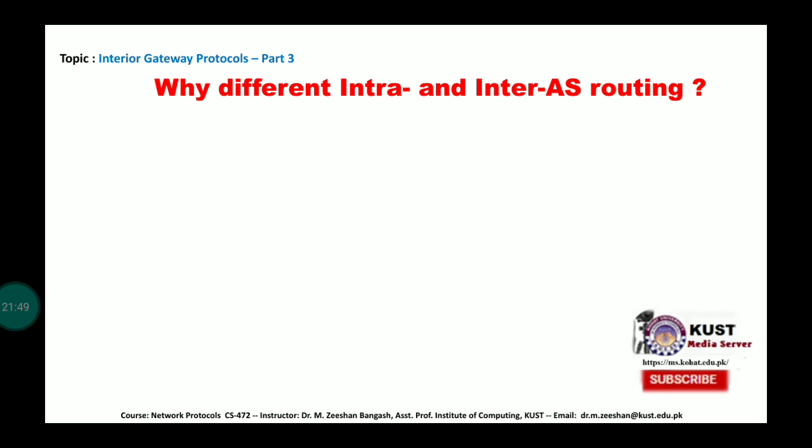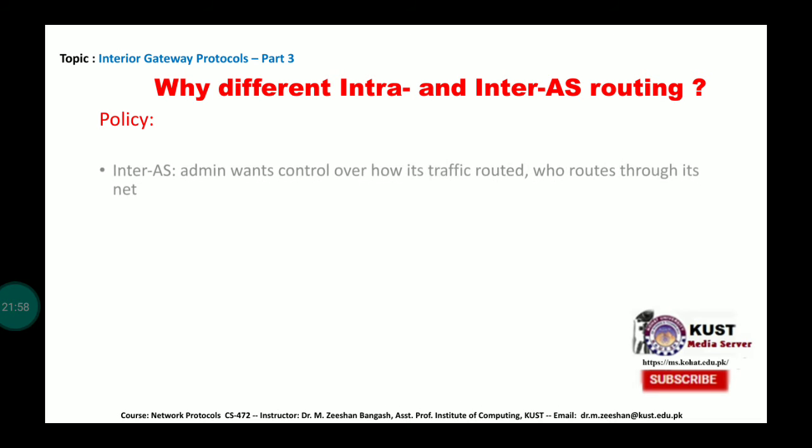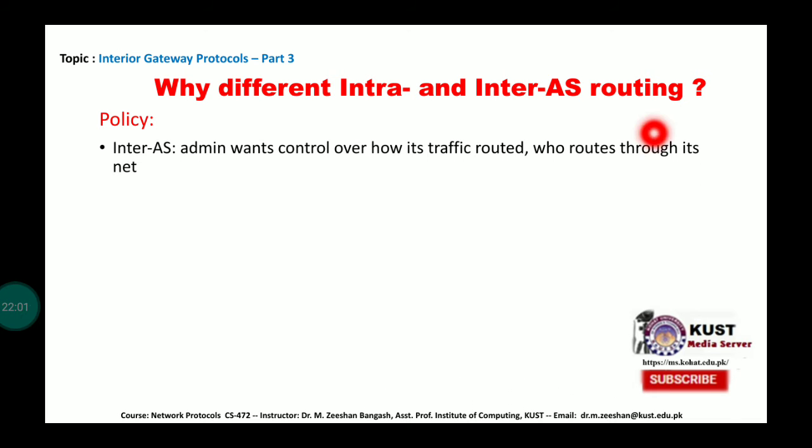Now, what is the difference between intra and inter autonomous system routing? The first difference is based on policy. In the case of inter autonomous system routing, the administrator of the networks, in order to design those networks, wants control over the traffic that is routed through his network, so this traffic needs to be administered.